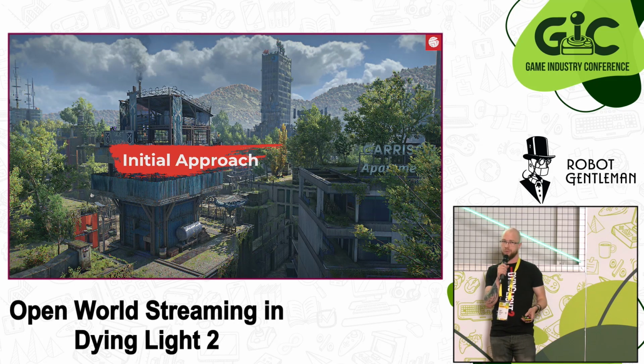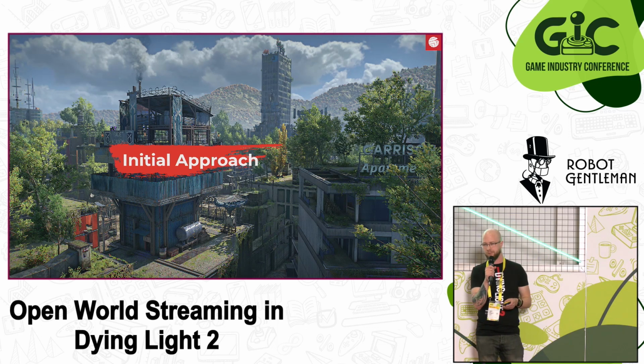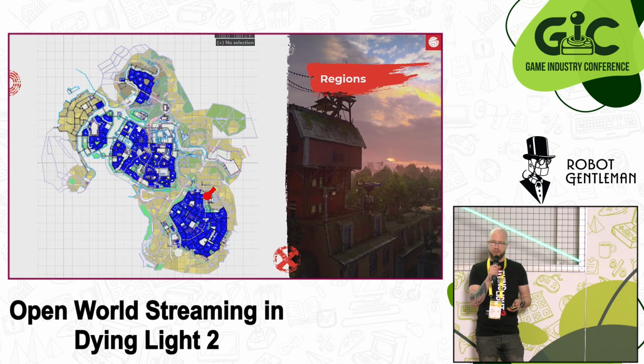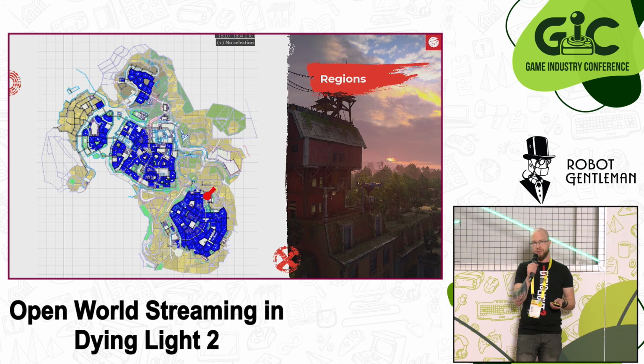So how did we approach this problem? The initial approach was something that was in development for several years. Then we had to change some things in the last year because we ran into some problems. So first let's have a look at the memory. We handle memory problems using regions in our map.